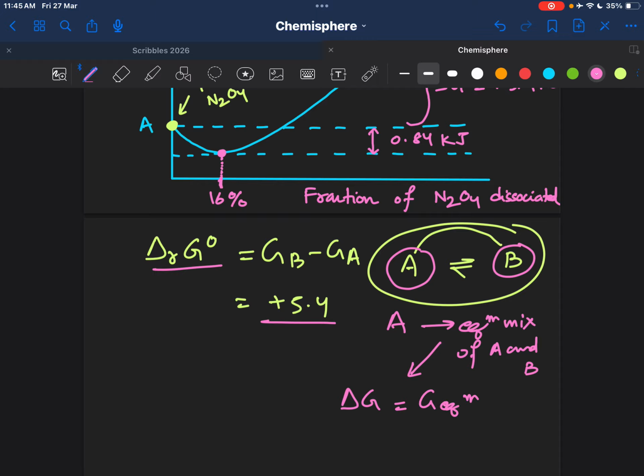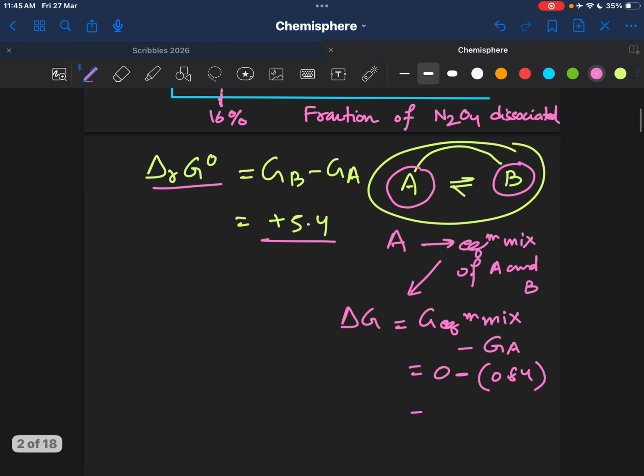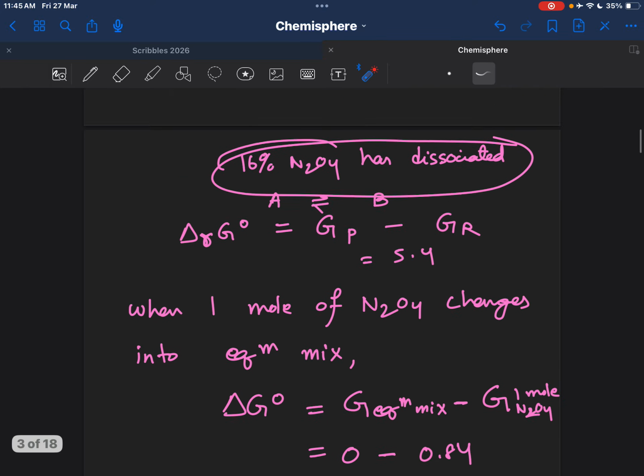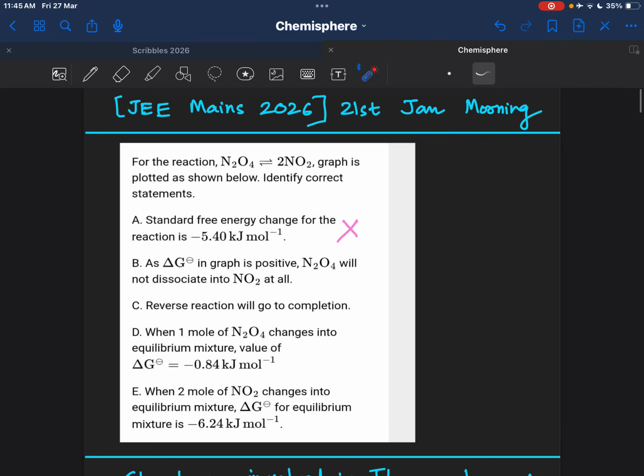It will be G of equilibrium mixture minus G of A. G of equilibrium mixture is 0, G of A we know is 0.84. Can you see this is a negative value? So that means this is a spontaneous reaction, that is, A becoming an equilibrium mixture is spontaneous. So it is going to happen, and this is again a wrong statement.